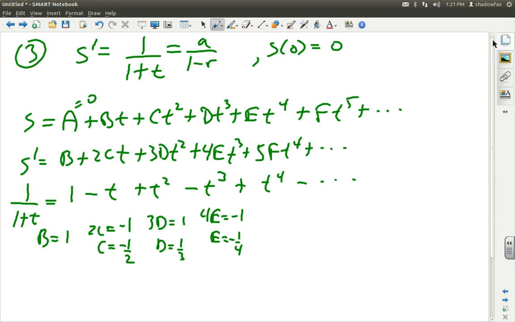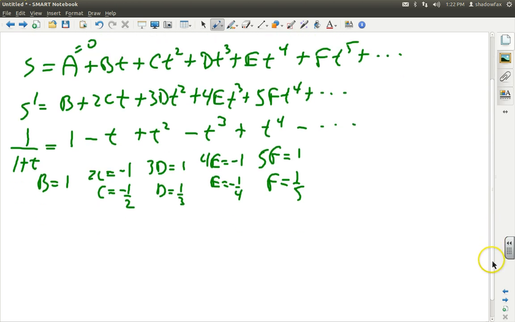This sounds like, didn't we do an expansion like that that was logarithmic? Let's see. If that makes sense. And f equals 1/5, and so forth. All right, so let's write out what we got. Let's fill in A, B, C, D, E, and F in the original expression for S, and that's our final answer.